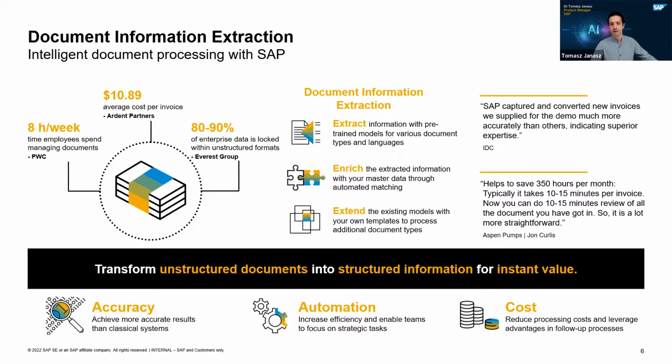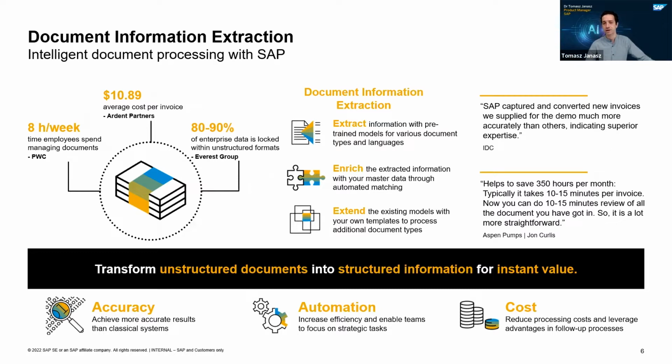The second aspect of extracting information is also the possibility to enrich this information with already available data, for example, in a system of master data records. So you try to map the information that you extracted from the document with the data that is in your system.